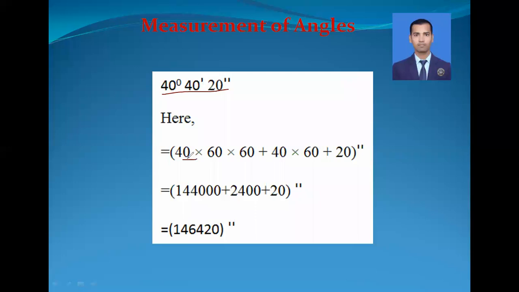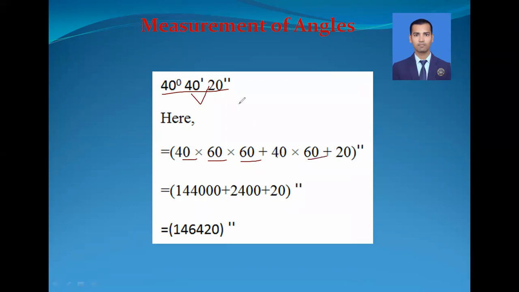That's why, to convert degree into minute, first we need to multiply it by 60. Then plus the minutes, and we need to convert those into seconds, so we multiply the minute by 60.